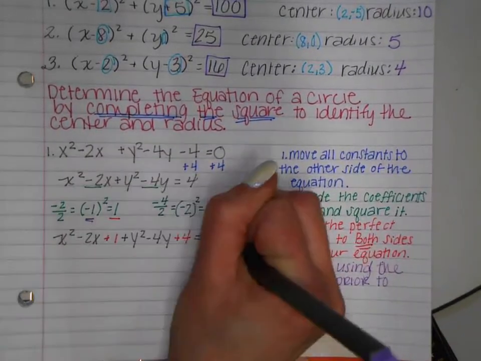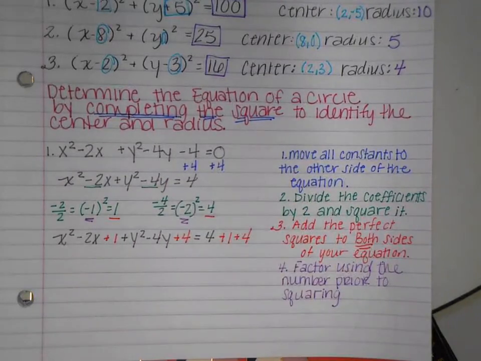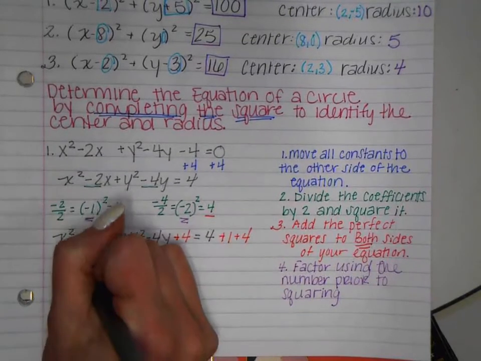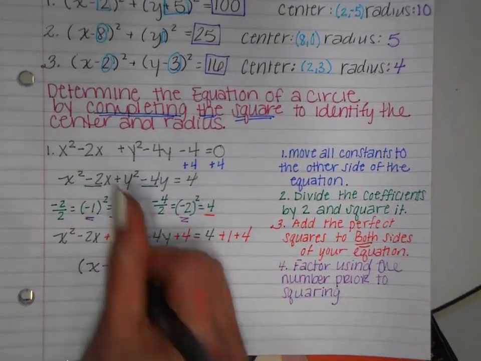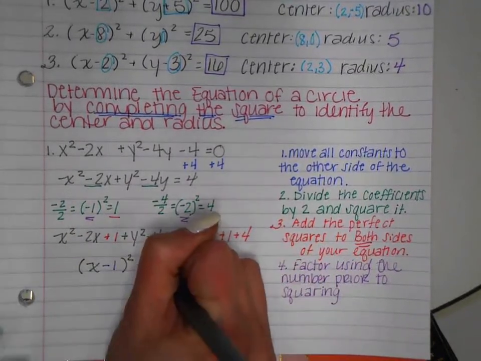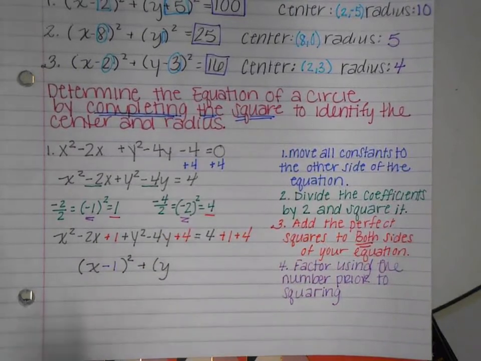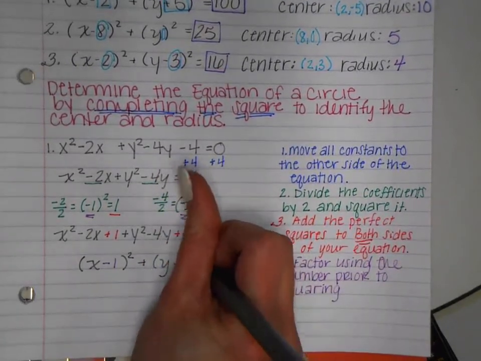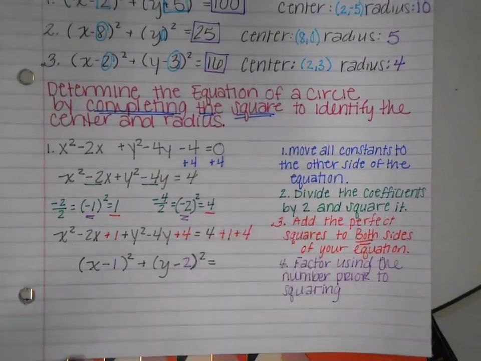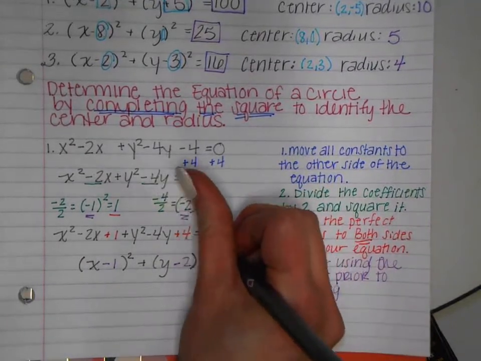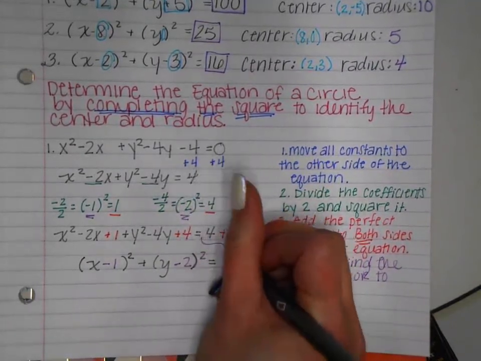So our -1 and our -2 is our factored. So we'll have x minus 1 squared plus y minus 2 squared equals 4 plus 4 plus 1 is 9.